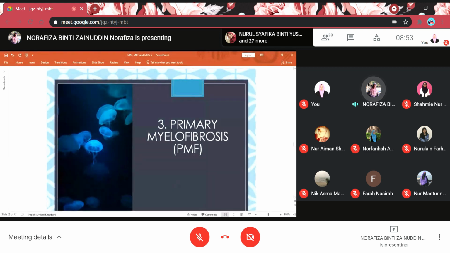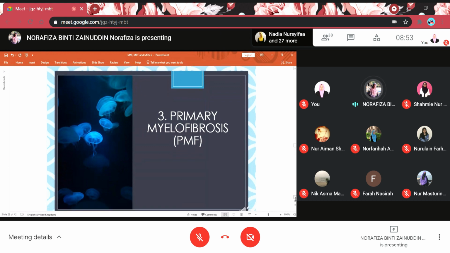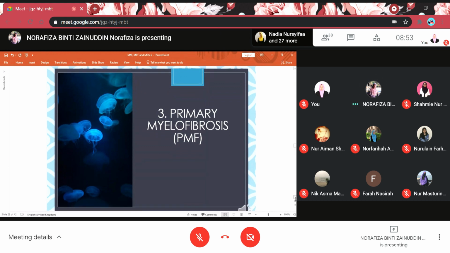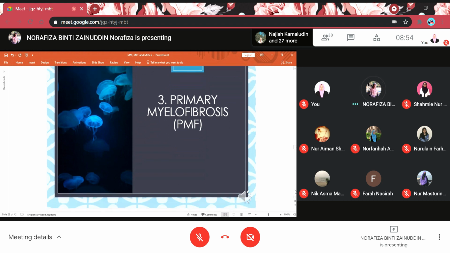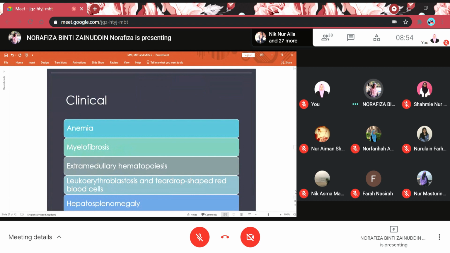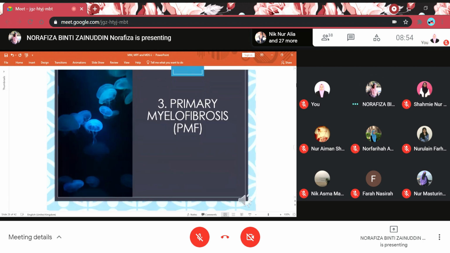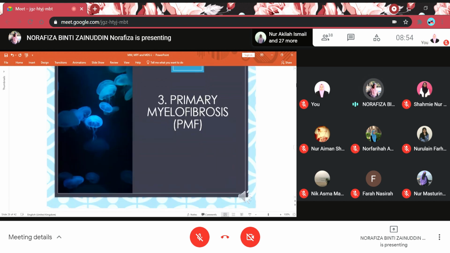Okay. On PMF, primary myelofibrosis. Some textbooks just use myelofibrosis, so they abbreviate it to MF only. Okay, PMF or MF. This is a clonal disorder from neoplastic transformation of early hematopoietic stem cells.